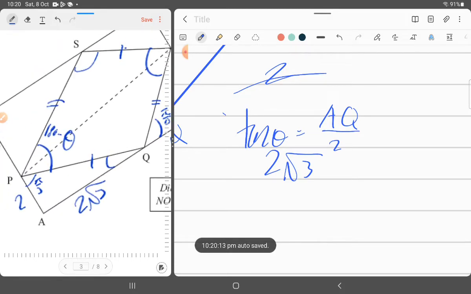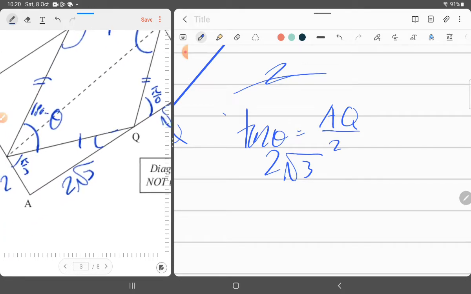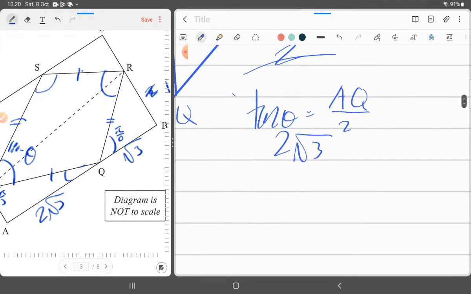We could just, so 2 square root of 3, this is square root of 3. This is pi over 6. So cosine pi over 6 is equal to adjacent, square root of 3, over QR, I think.